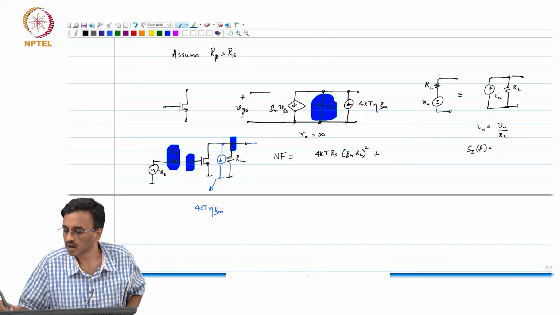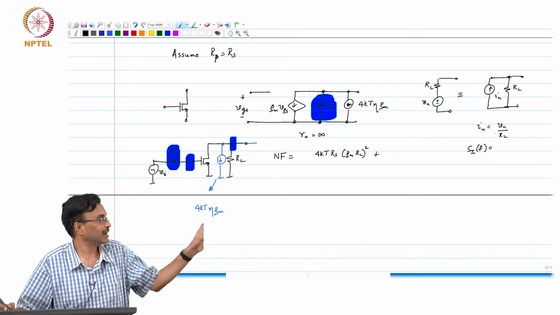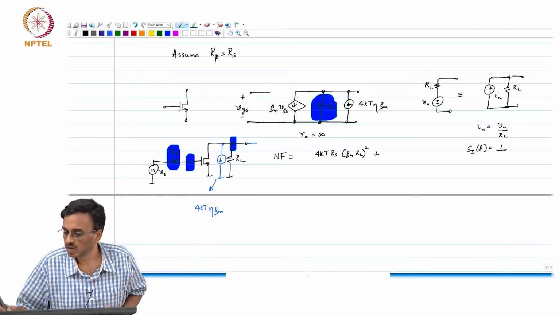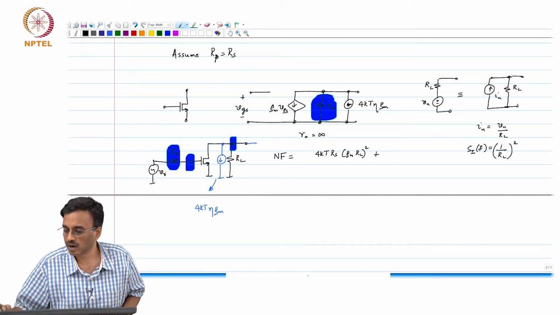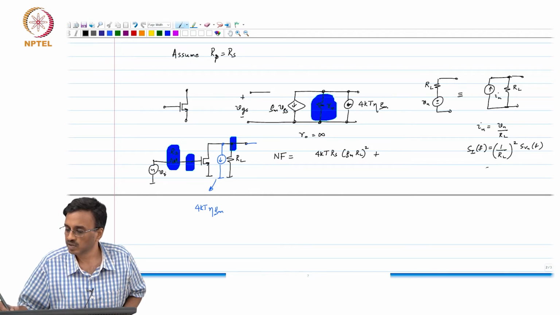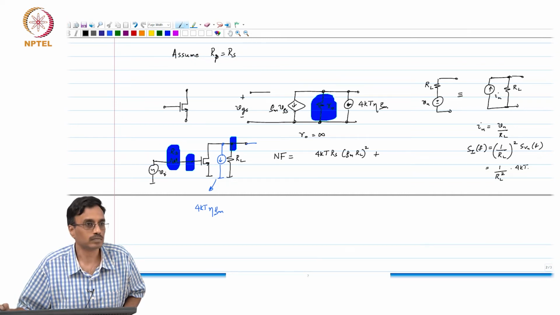So, the noise spectral density of the current source is nothing but you multiply that current by 1 by RL times Vn, so you multiply by a constant. You multiply that by 1 by RL square times SVn of f, which is nothing but 1 over RL square times 4kT RL.